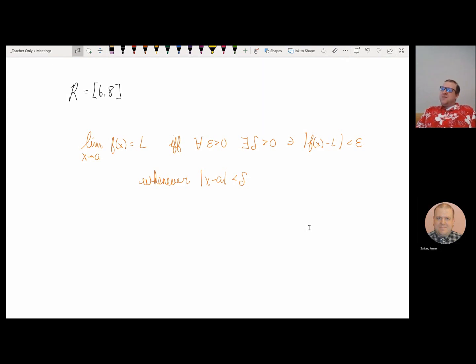That's for single variable. For two variable, we no longer have a delta. We have what's known as a delta disk. Hoping I could remember what it was off the top of my head.